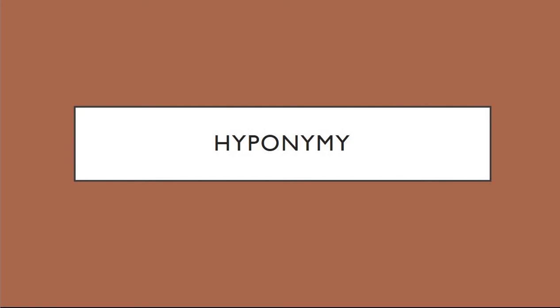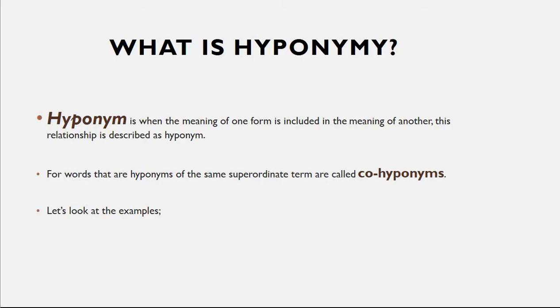So the other subtitle, hyponymy. Let's look at the definition of hyponymy. Hyponymy is when the meaning of one form is included in the meaning of another. This relationship is described as hyponymy. Words that are hyponyms of the same subordinate term are called cohyponyms.